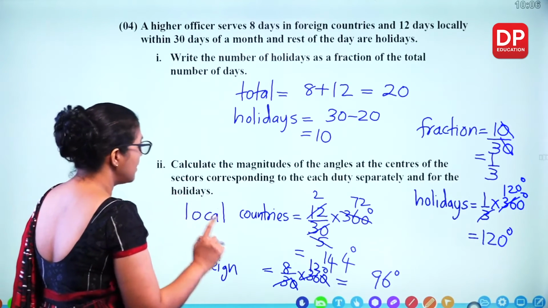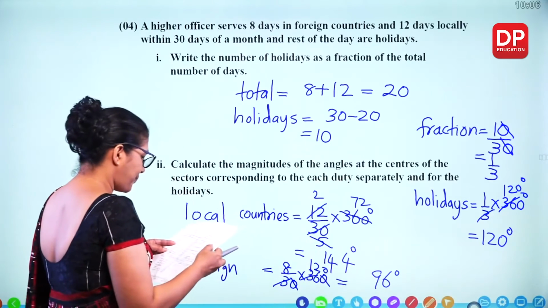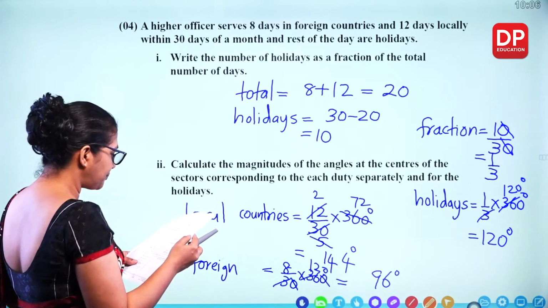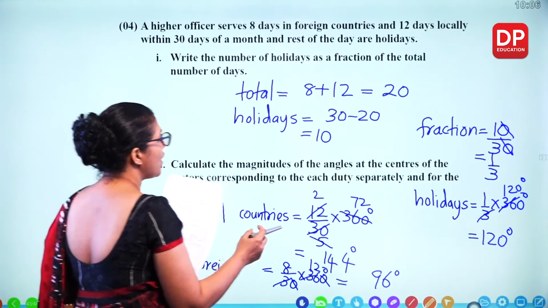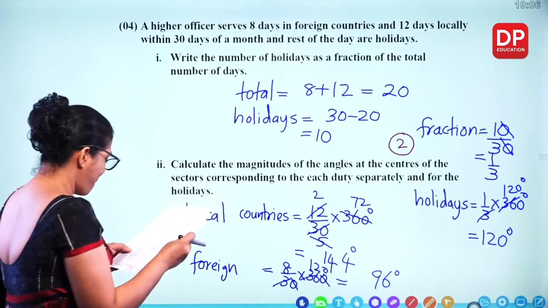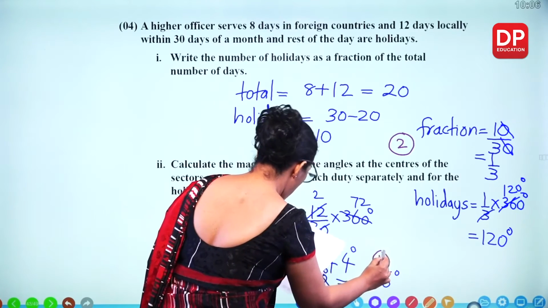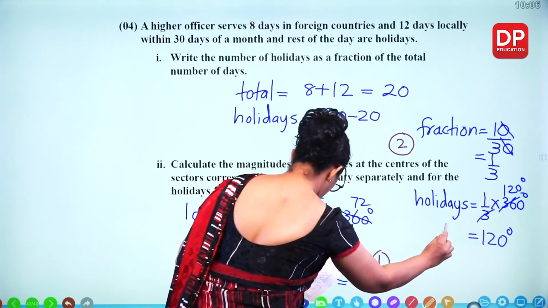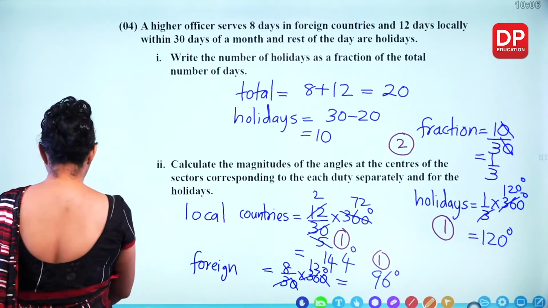So, that's the angles, and we'll see how many marks for these two. This is the 4th question, 2 marks for calculating the fraction 1/3 and 1 mark each for the angles. 96 1 mark, 144 1 mark, and 120 1 mark. So, 3 plus 2, 5.